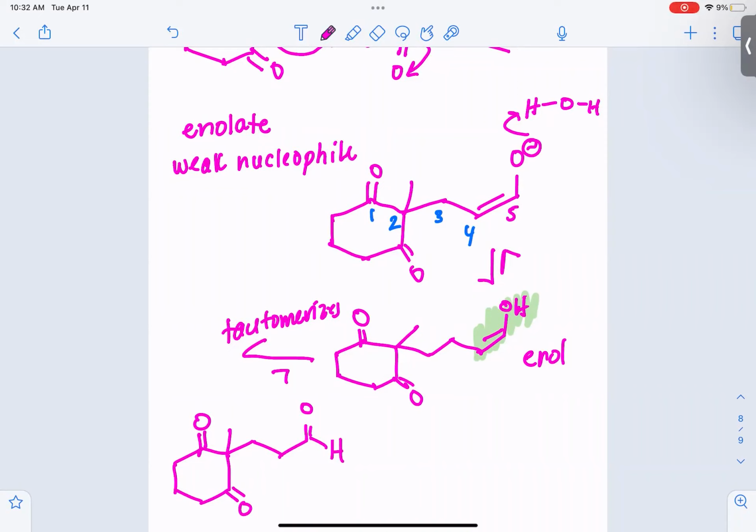You don't have an extra carbon there? 1, 2, 3, 4. I did. But where did I add it? 1, 2, 3, 4, 5 here? 1, 2, 3, 4.